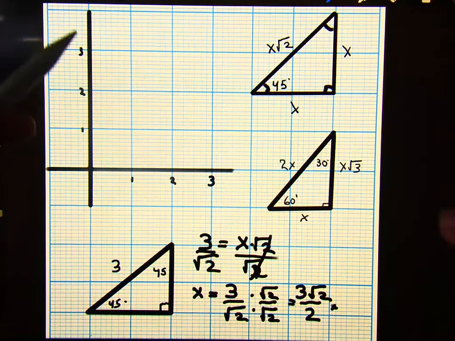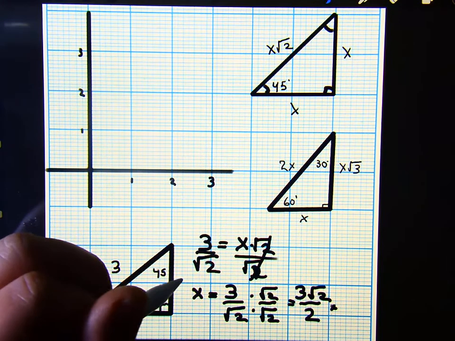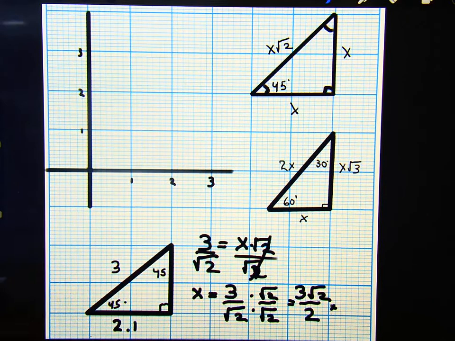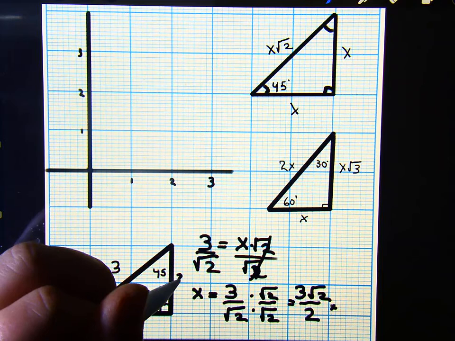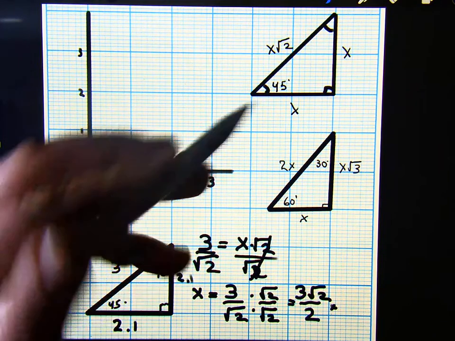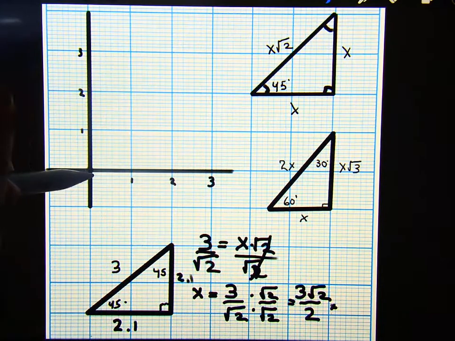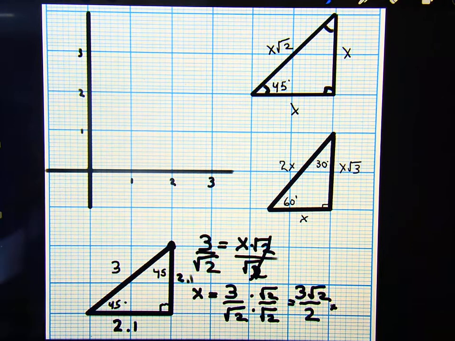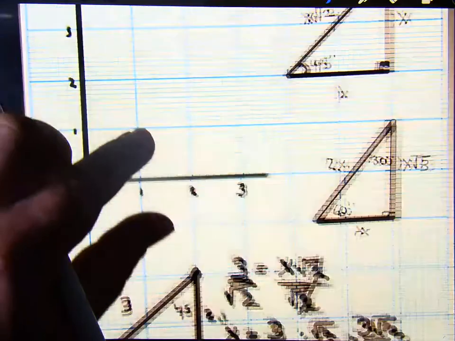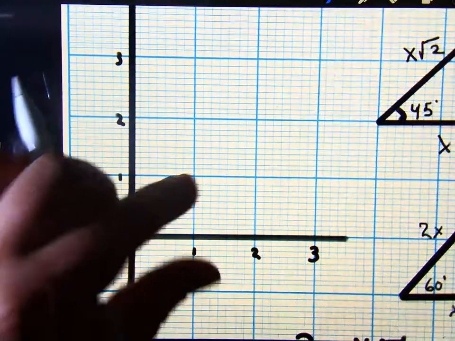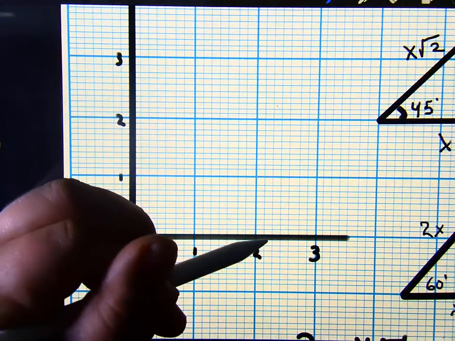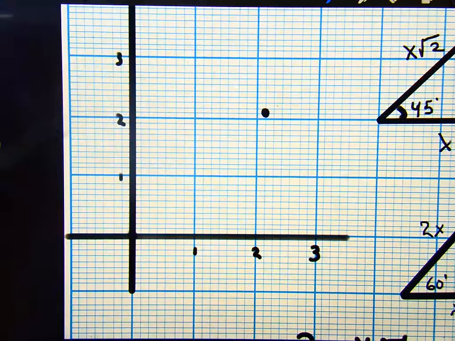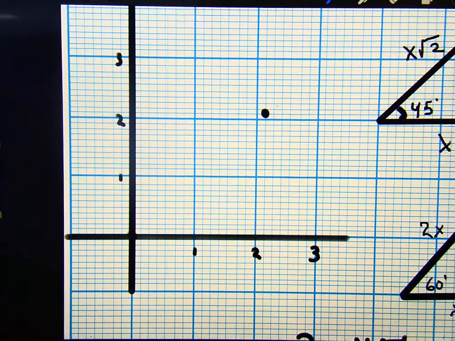That means this side is 2.1 and this side is also 2.1, since we know that both of these are the same length. So to find this point on my triangle, I can go over 2.1 and go up 2.1 and plot my point.